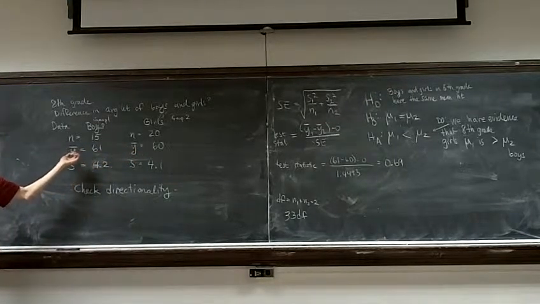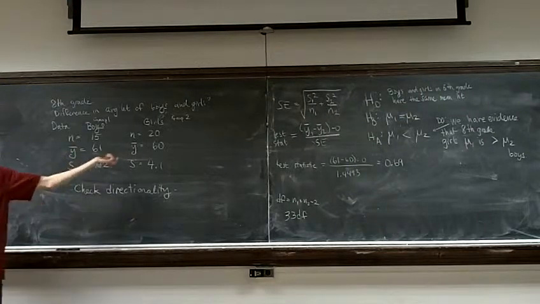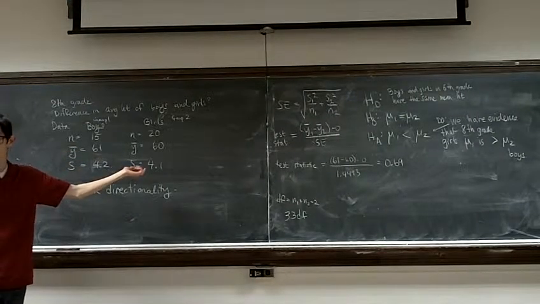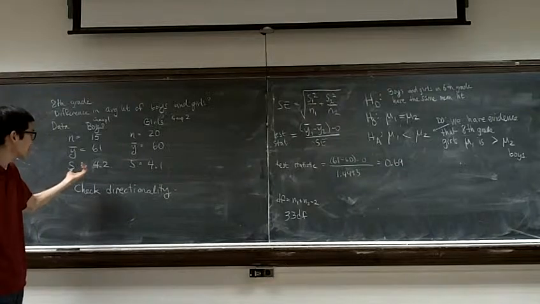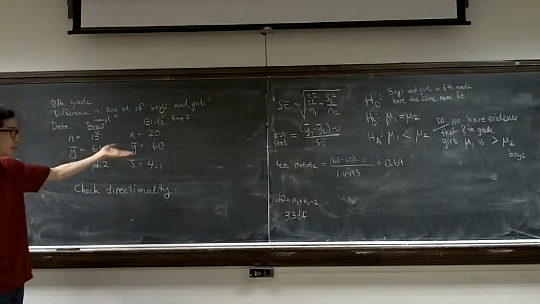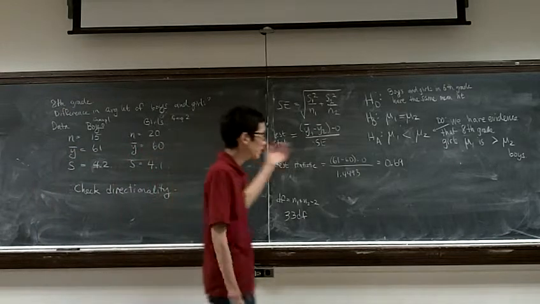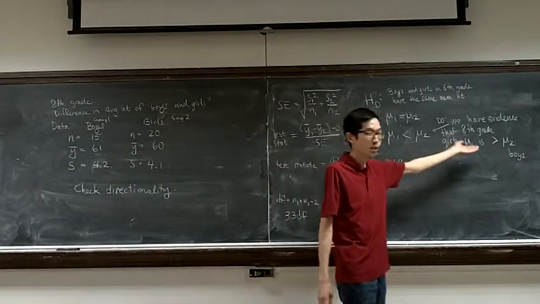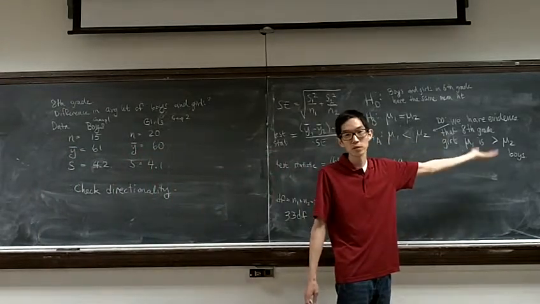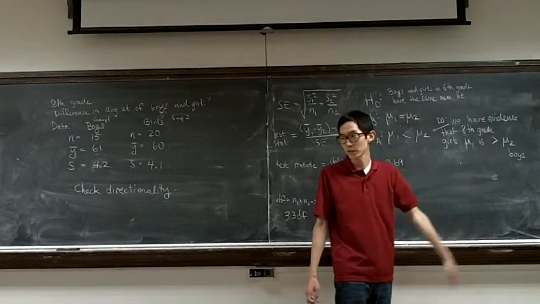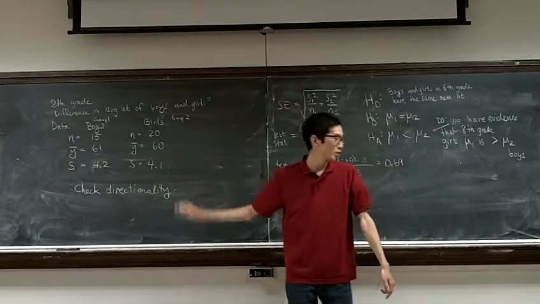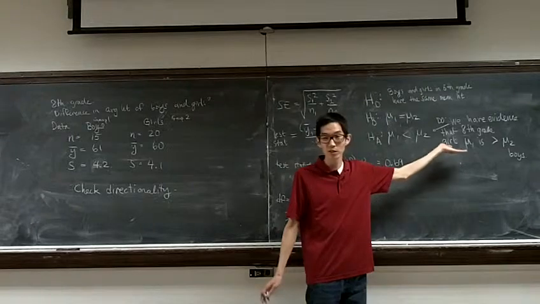In our data, it turned out that the boys on average were taller than the girls. Our sample of 15 boys had a higher mean than the sample of 20 girls. So would our data provide any evidence that girls are taller than boys? No. So there's no way for our data to provide evidence for this alternative.